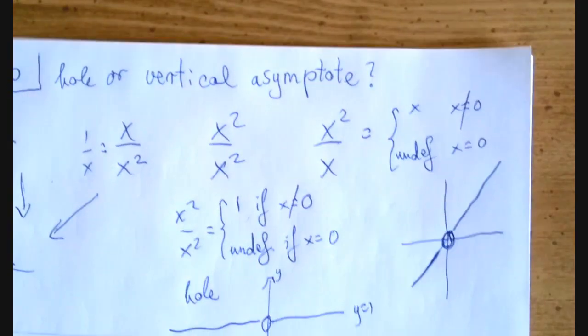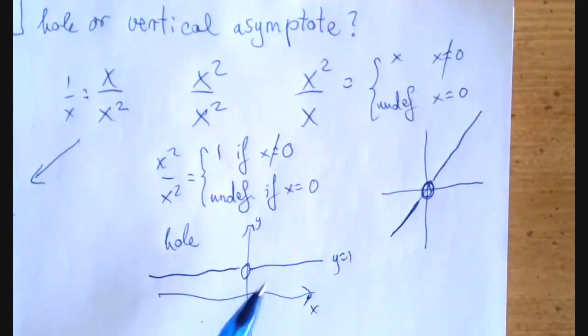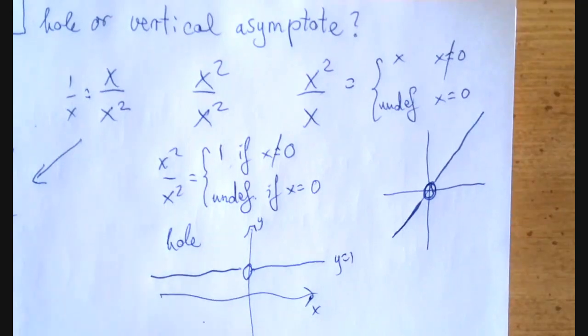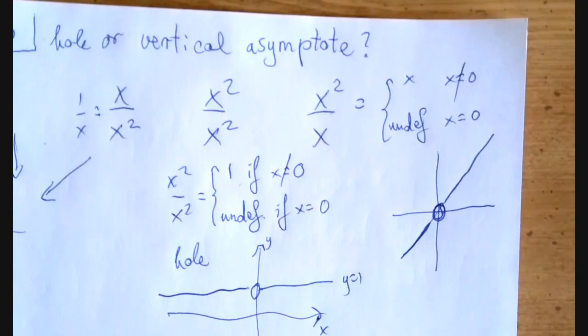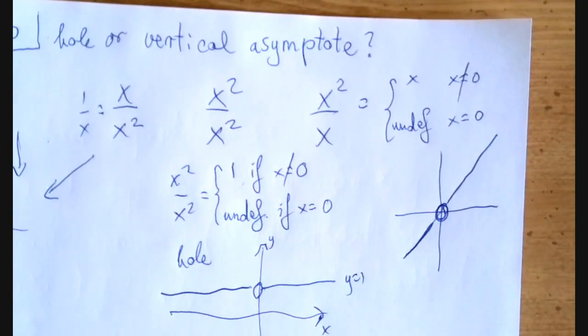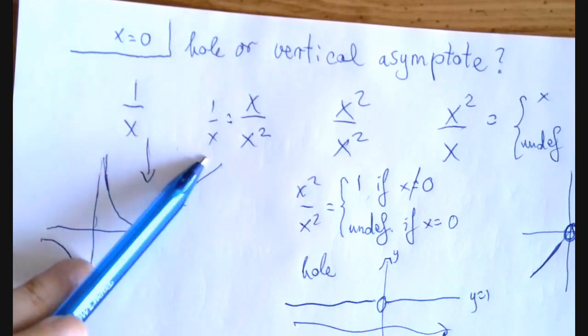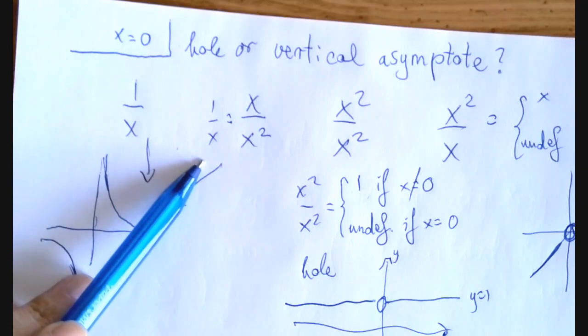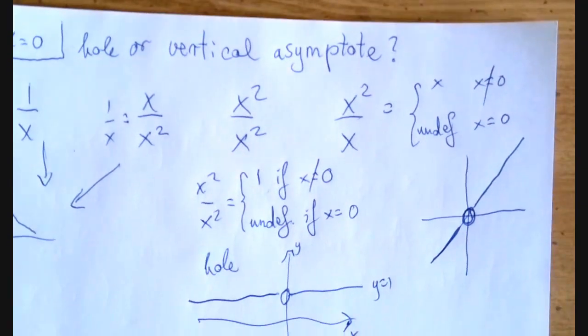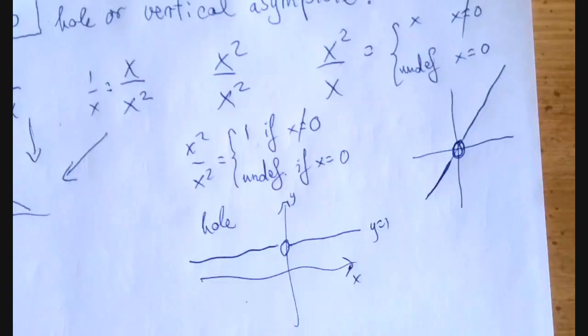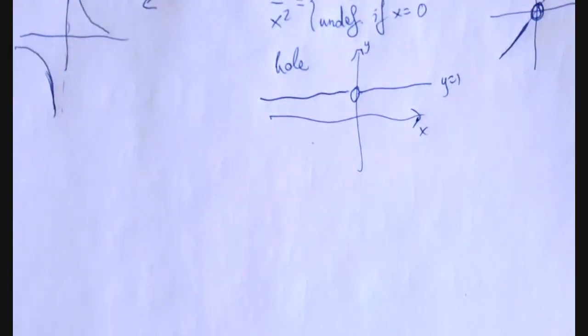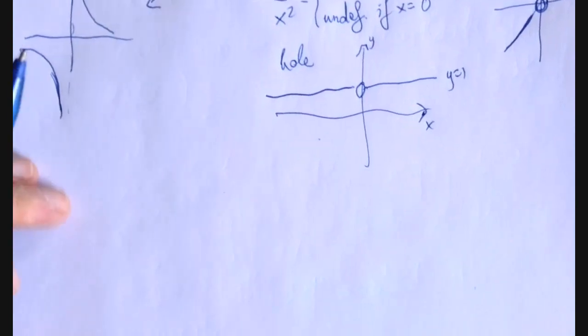Now what happened here? Why did we get these holes? We got these holes because we didn't get a vertical asymptote. That is to say, we ran out of unbalanced tiny numbers in the denominator. In the earlier case, after the simplification, there was still a factor in the denominator that caused trouble at its 0. Here no, here no. So we have a vertical asymptote when the linear factor that takes the 0 in the denominator is still in the denominator after cancellation.